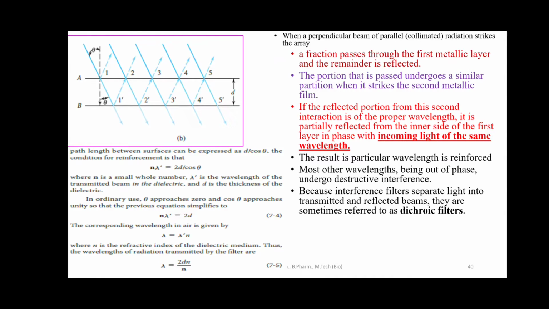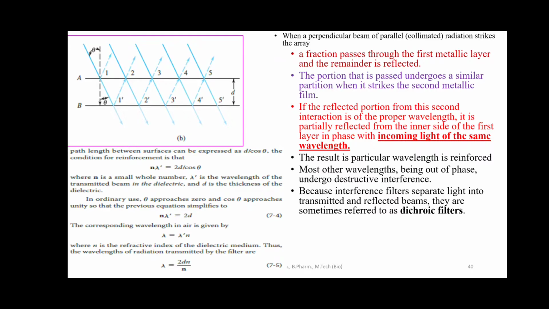The wavelength reflected from the second layer is again met by the incoming light which has the same wavelength.